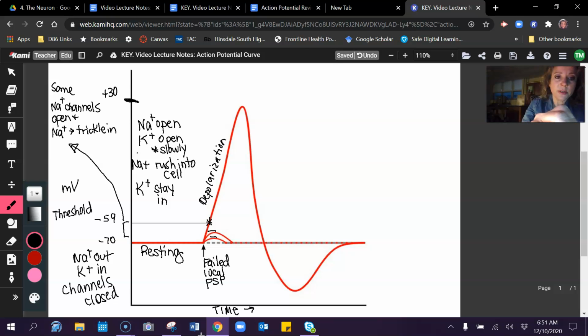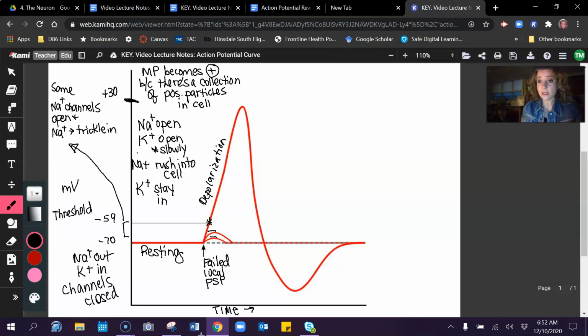So during depolarization, our membrane potential, which I'm abbreviating as MP, becomes positive because there's a collection of positive particles in the cell, right?